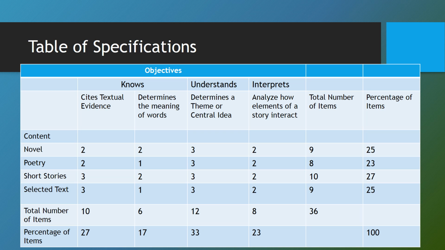So this is just a way for you to easily take a look and see where you've spent most of your time. So when you're creating an assessment, if you've spent most of your time on determining a theme or central idea, and perhaps the meaning of the words is very low, you wouldn't want to create an assessment that focused more on the meaning of the words than on determining a theme or a central idea, because clearly that was more important in your teaching.